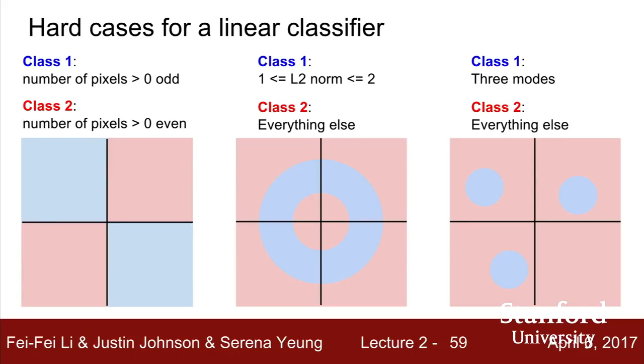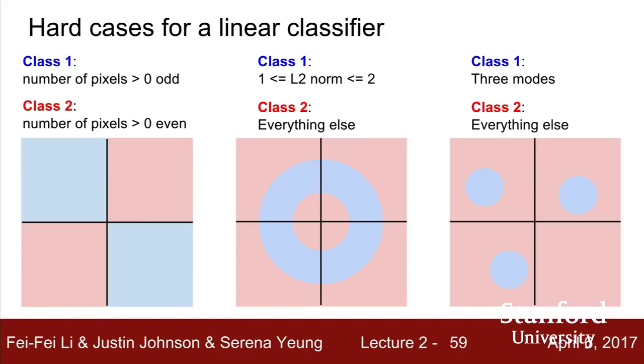If you actually draw what these different decision regions look like in the plane, you can see that our blue class with an odd number of pixels is going to be these two quadrants in the plane, and even will be the opposite 2 quadrants. So there's no way that we can draw a single linear line to separate the blue from the red.